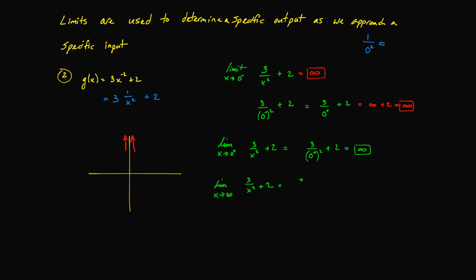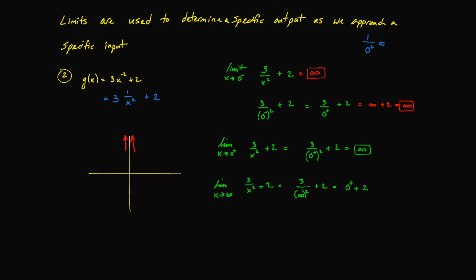We're going to get 3 over infinity squared. Oh my god, infinity squared? How could you do that? You could square a concept? Well, infinity squared is just infinity still, so don't worry your head about it. You're going to get 3 over infinity squared. That's going to be a very small number, 0 positive, plus 2.